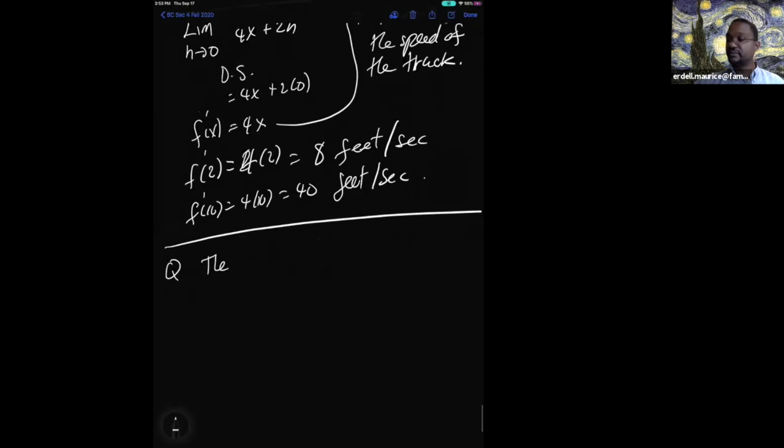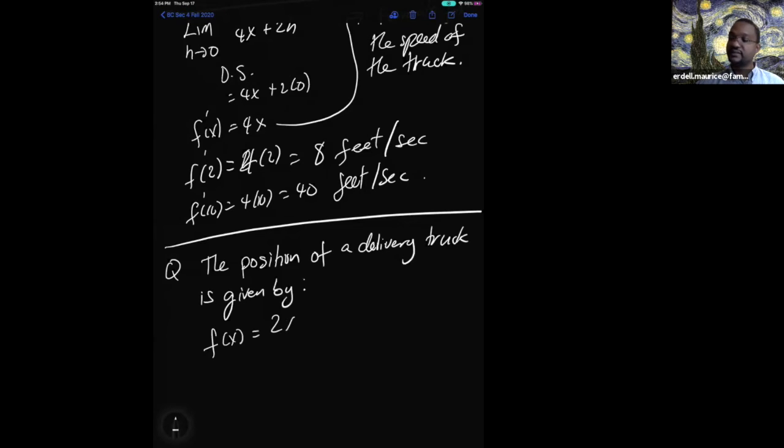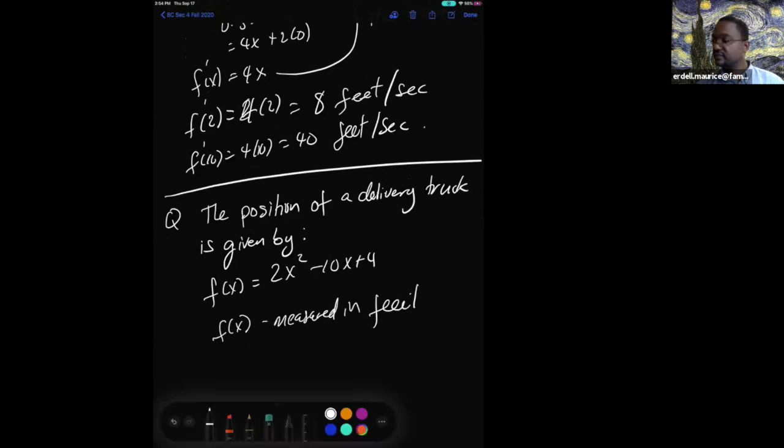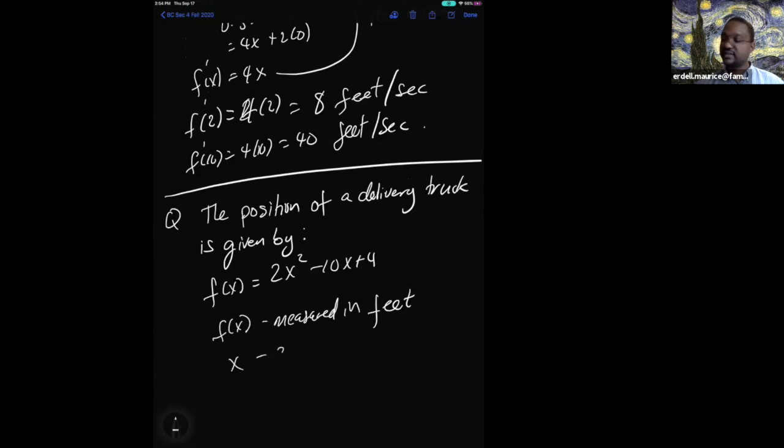So the position of a delivery truck is given by the formula f of x equals 2x squared minus 10x plus 4, where f of x is measured in feet and x is measured in seconds.